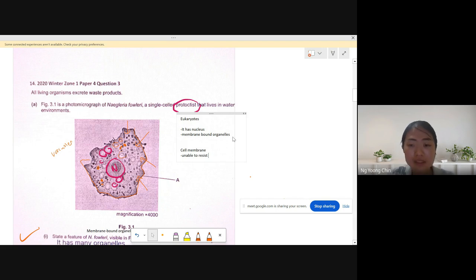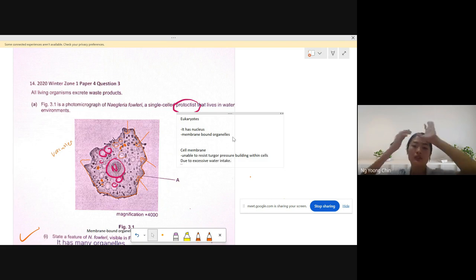They are unable to resist what we call turgor pressure building within the cell due to this excessive water intake. So that's why these protists must have a vacuole.